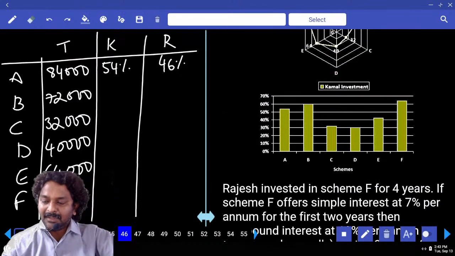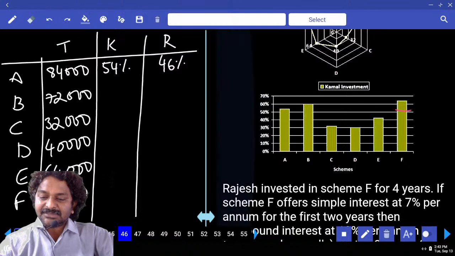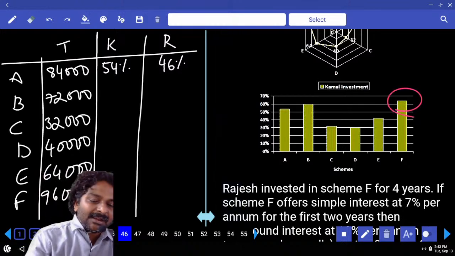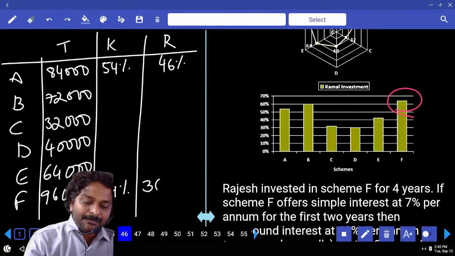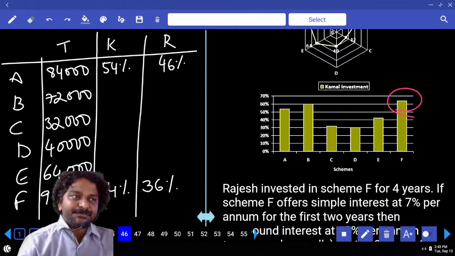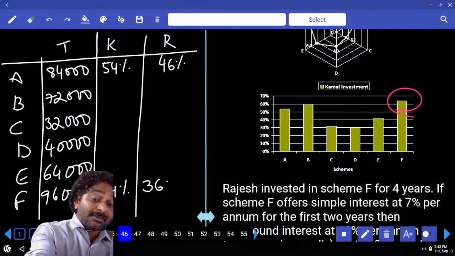Scheme F. How much is Kamal's investment? మాట్లాడండి. 64%. Then what is remaining? 36%. First we need to calculate how much is 36%.